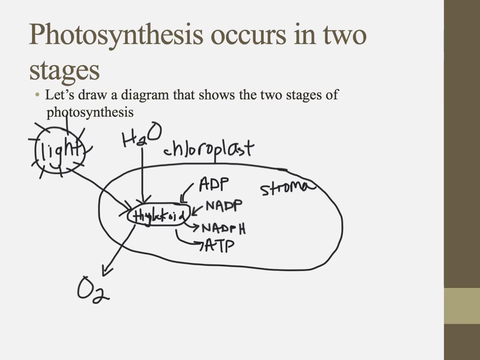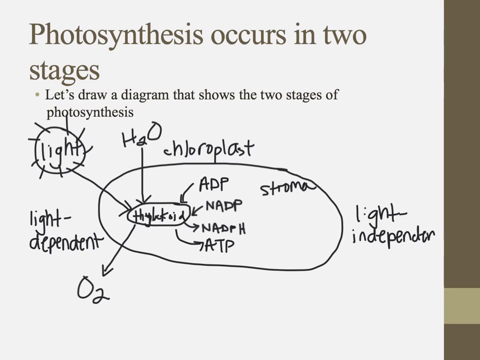Now, because we need light for all of these things, we call this the light-dependent reaction. That's very different than what happens over here, which is called the light-independent reaction, meaning that it doesn't need light.